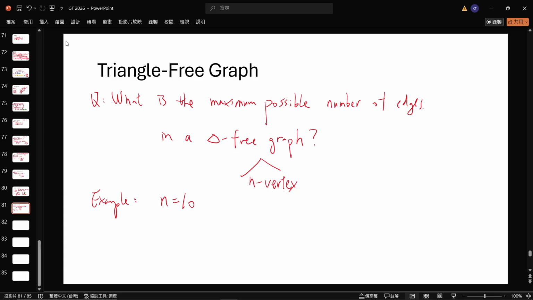You all have to draw a 10-vertex graph, and you have to create as many edges as you can without creating triangles. See which one has the most edges. And don't Google the answer or use Gemini or ChatGPT.